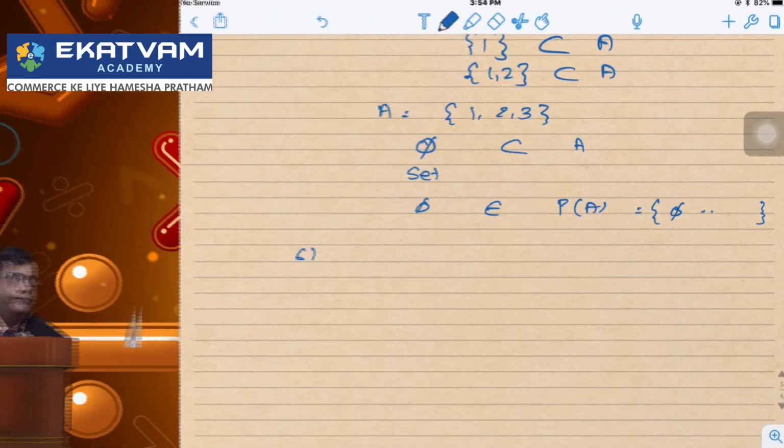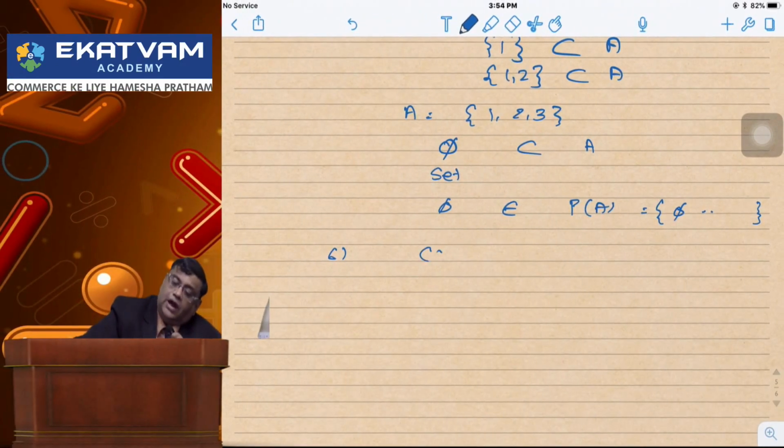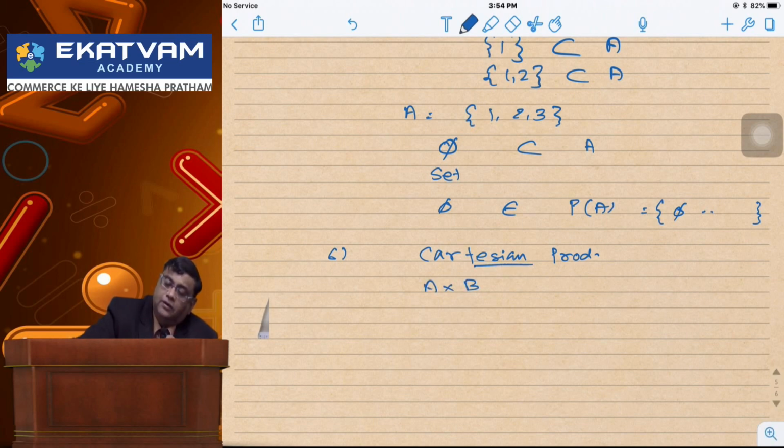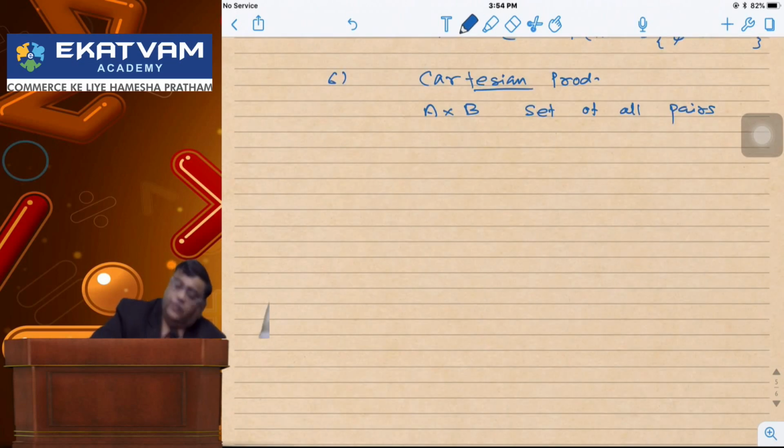Now remember, Cartesian product. The Cartesian product A cross B is the set of all pairs. What does that mean?